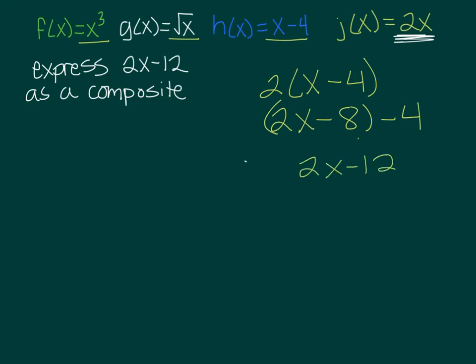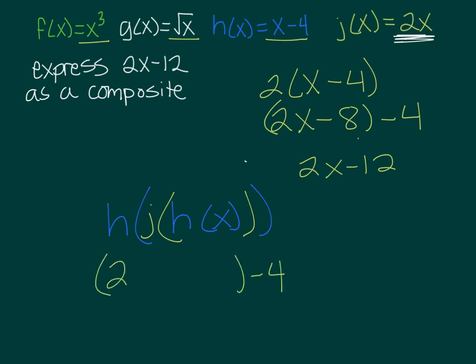So I put h on the inside into j, but then I put that into h again. Let's double check it. h would be x minus 4, j would be 2x, and then h would be x minus 4. So that gives us 2x minus 8 minus 4, which is 2x minus 12.